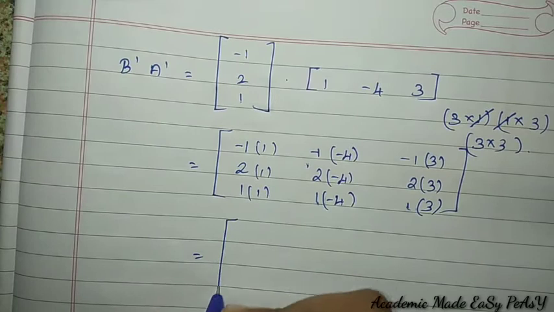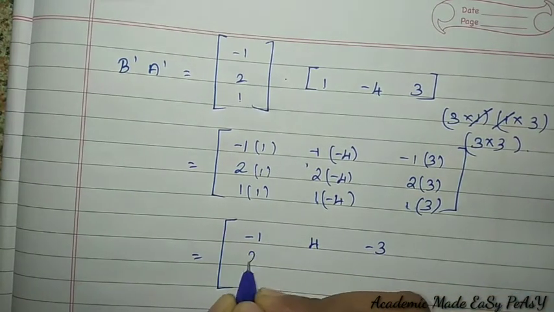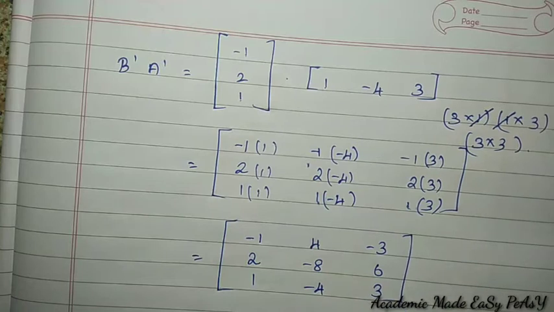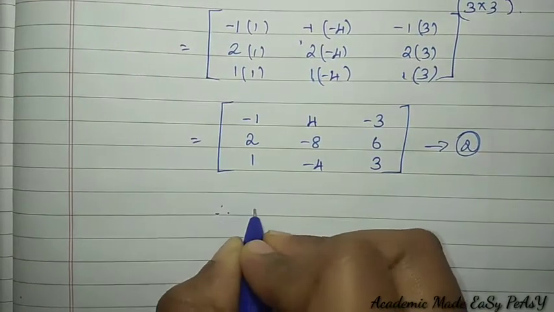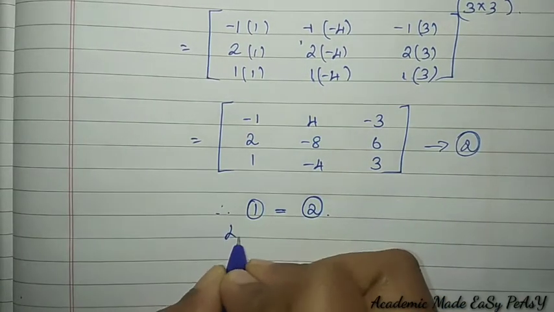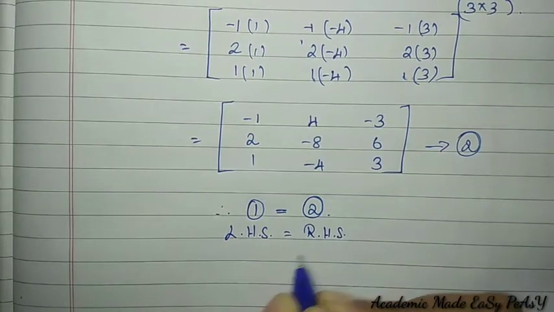So now what is my final matrix? Minus 1, 4, minus 3, 2, minus 8, 6, 1, minus 4, 3. This is my equation 2. Therefore, equation 1 is equal to equation 2. LHS is equal to RHS.